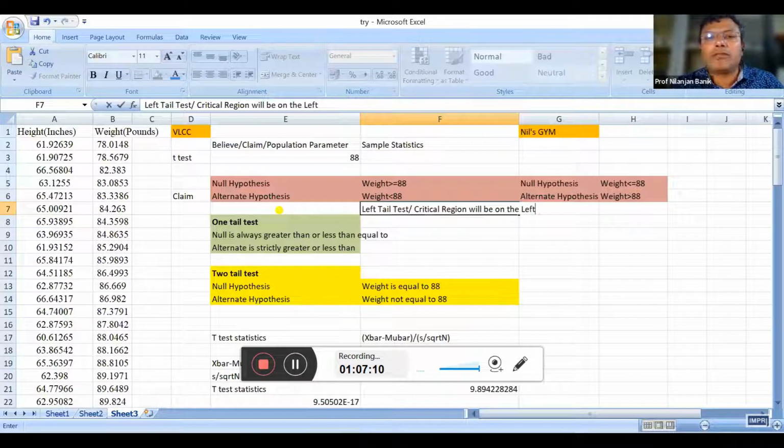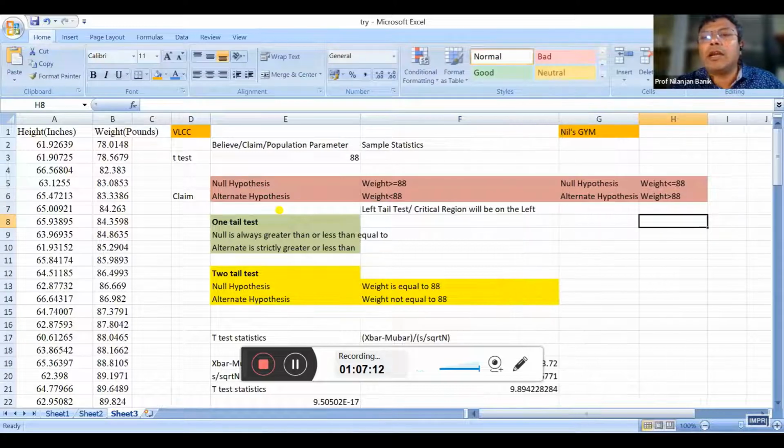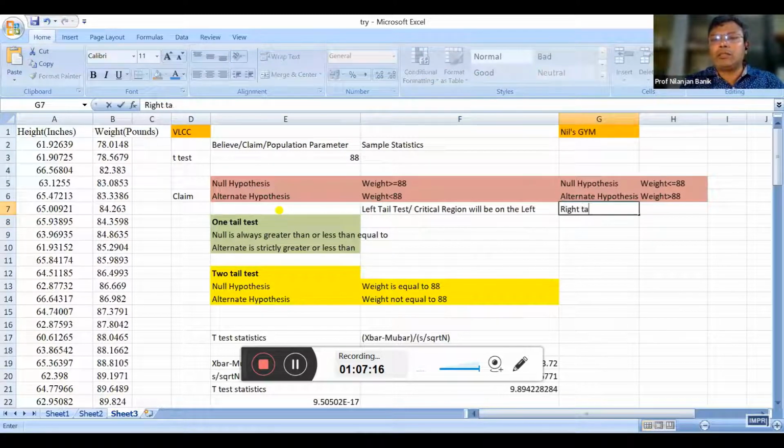And that's why we call it left tail test. And this one would be right tail test, and therefore my critical region will be on the right side of the distribution.